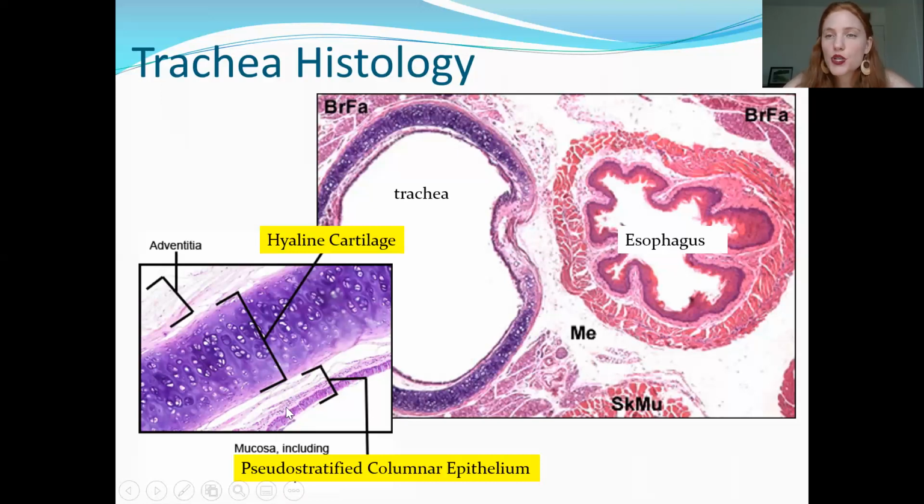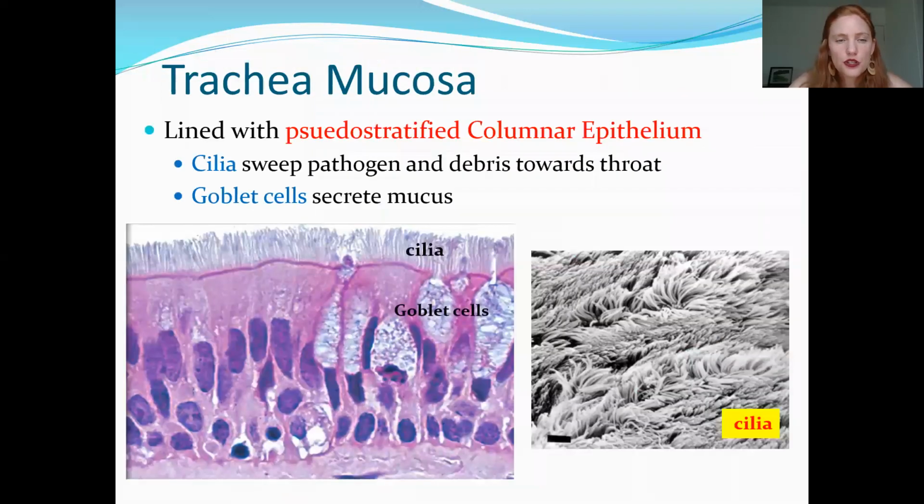And then the mucosa, which is the internal lining of the trachea, is going to be lined with pseudostratified columnar epithelium. Do you remember that? What do I mean by pseudostratified? Pseudo as in fake, as in kind of looks like it, but not really.